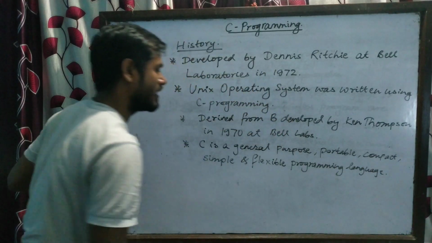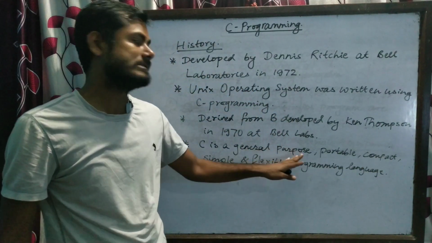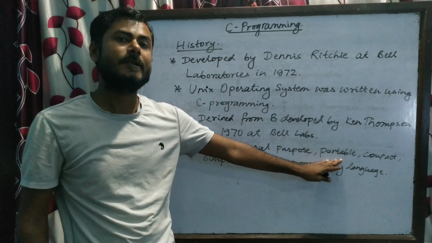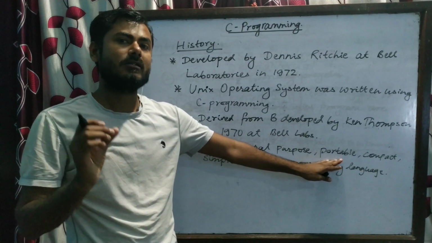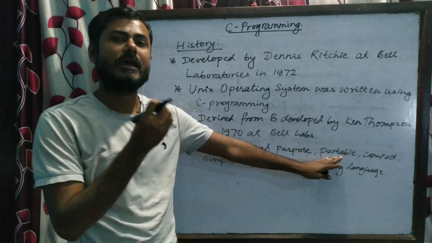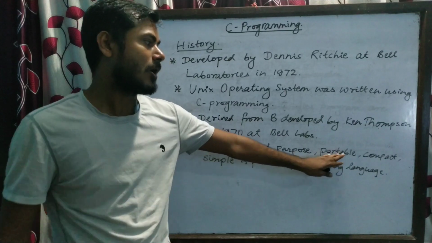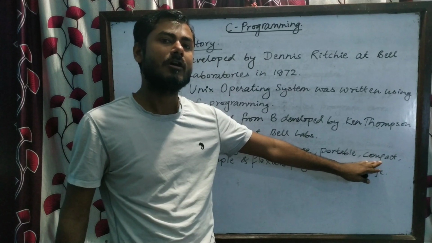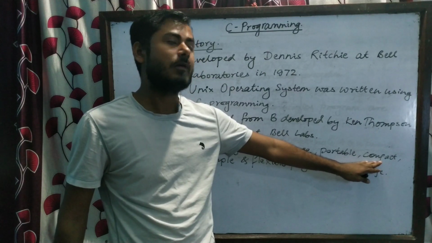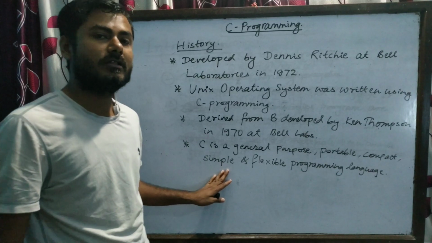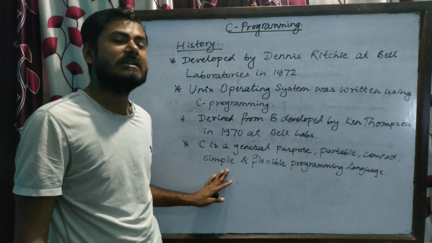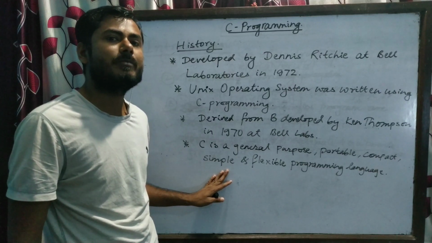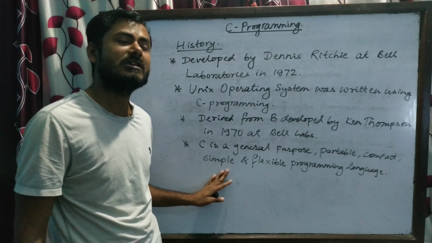Now let me explain. As I've already explained, it's general purpose and portable. That means it could be very easily carried from one system to another system. Compact means it uses less configuration, fewer requirements for writing programs in C. Simple, because it uses English-like words and simple mathematical operators which we use in our daily life.